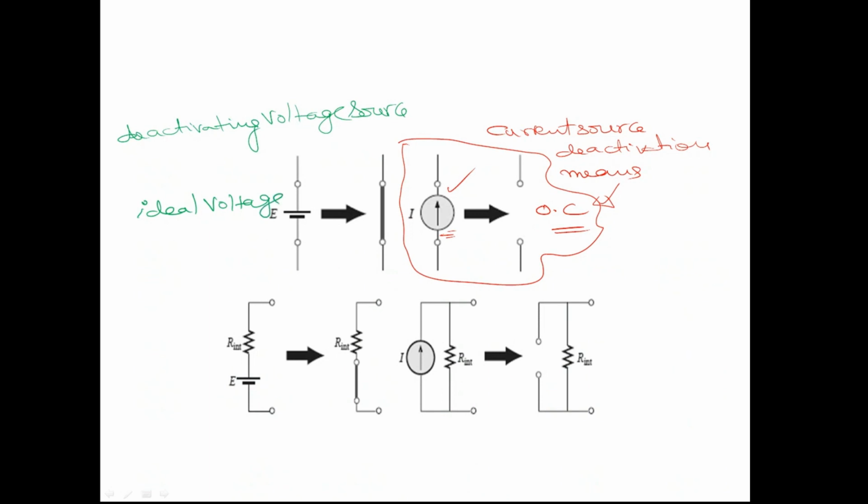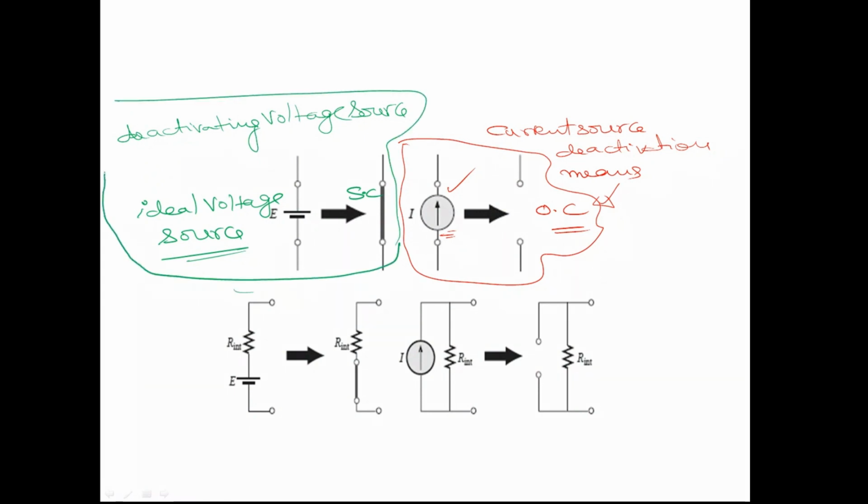Deactivating an ideal voltage source means representing it as a short circuit. So this is deactivating the ideal voltage source, and this is deactivating the ideal current source.